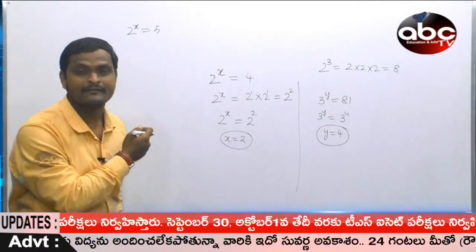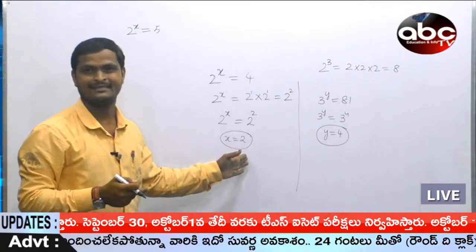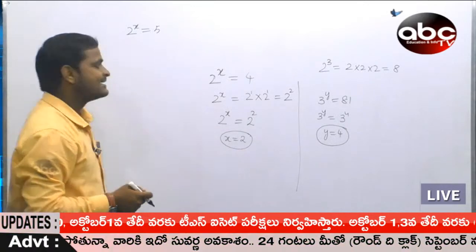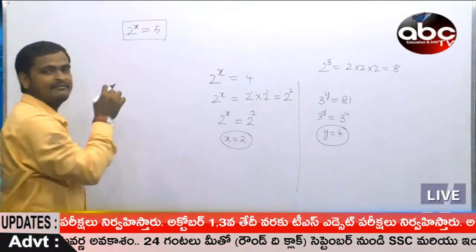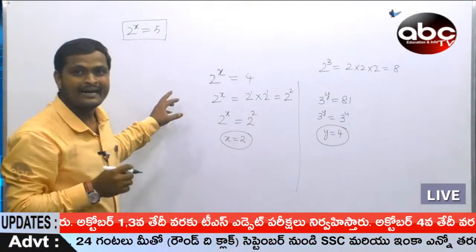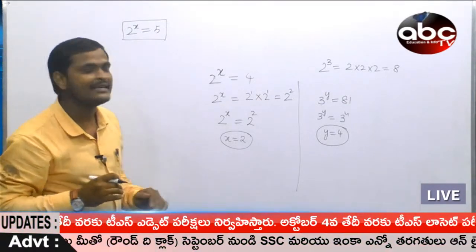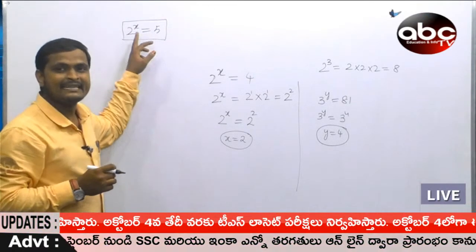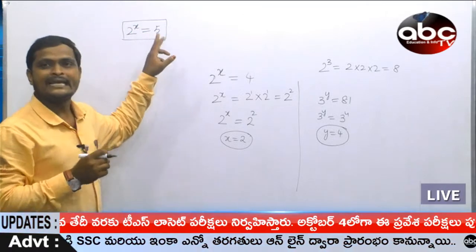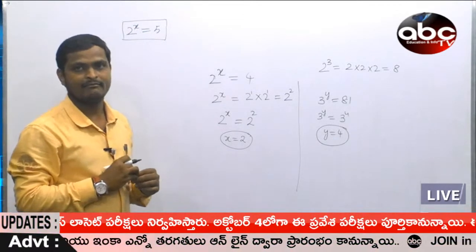Can you find the value of x here by using this method? No. Then to find the value of x here, we need to establish a relation between x and 5.